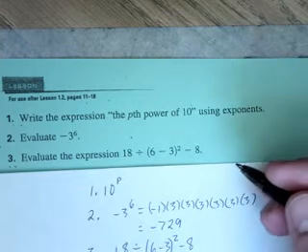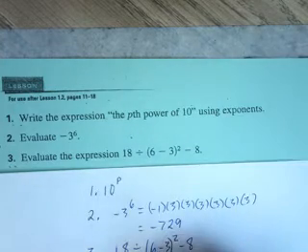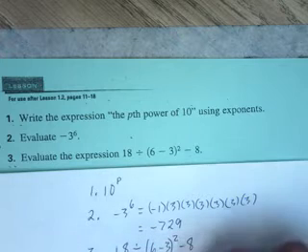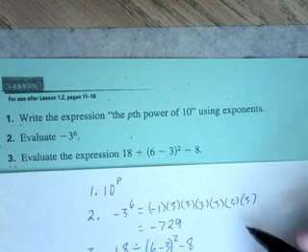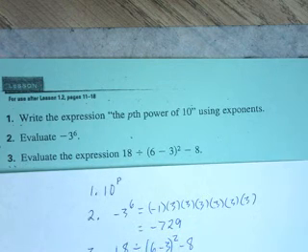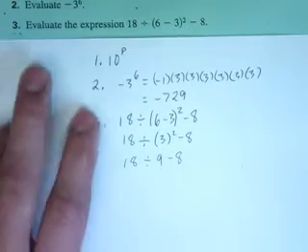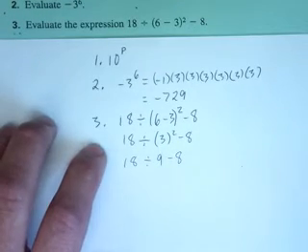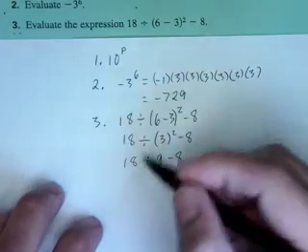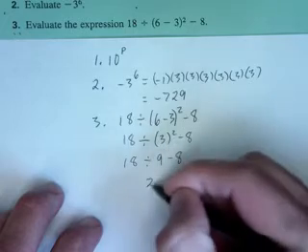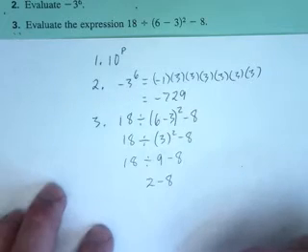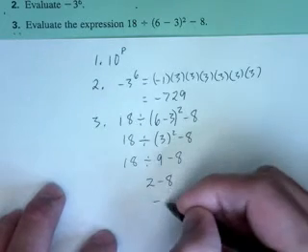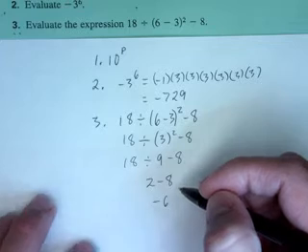Then you look for opportunities to do exponents next, so you have 18 divided by 9 minus 8. Then you must do division. Do division before subtraction, and so 18 divided by 9 is 2, and then you subtract last and you get negative 6.